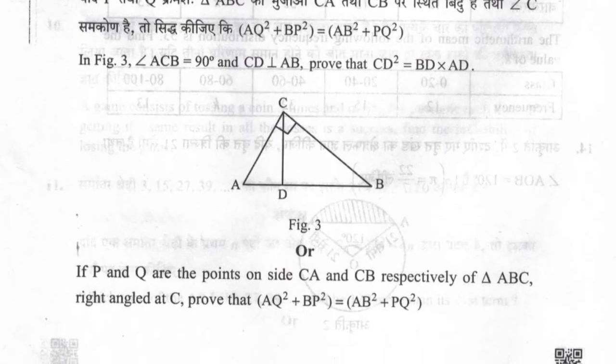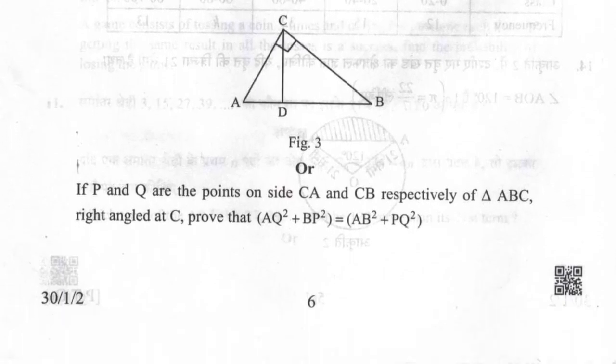So in this 15th question we have a choice, and the other question says if P and Q are the points on side CA and CB respectively of a triangle ABC which is right angled at C, we need to prove that AQ square plus BP square is equal to AB square plus PQ square.